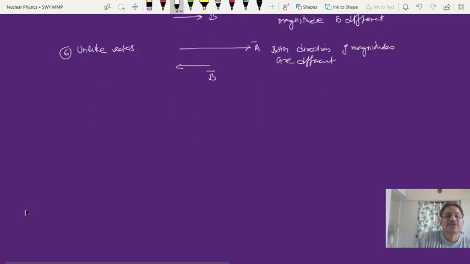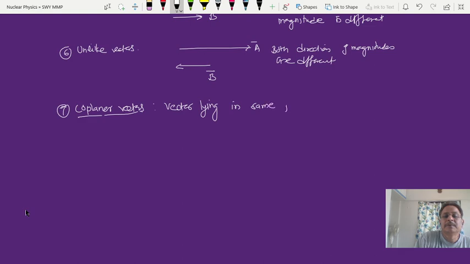Then seventh, coplanar vectors. Vectors lying in the same plane are called coplanar vectors. I'll draw this vector, this vector, this vector. They are all in the same plane. That's why they are called coplanar vectors.